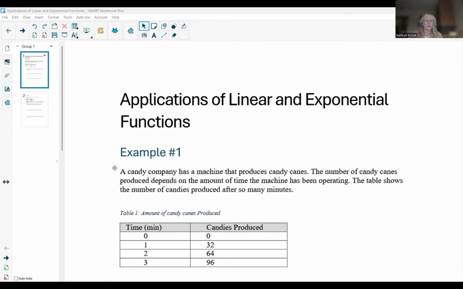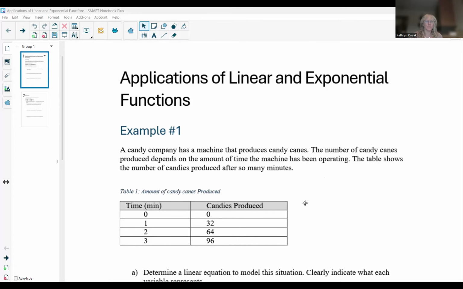In our first example, we have a candy company that has a machine that produces candy canes. The number of candy canes produced depends on the amount of time the machine has been operating. The table shows the number of candies produced after so many minutes.